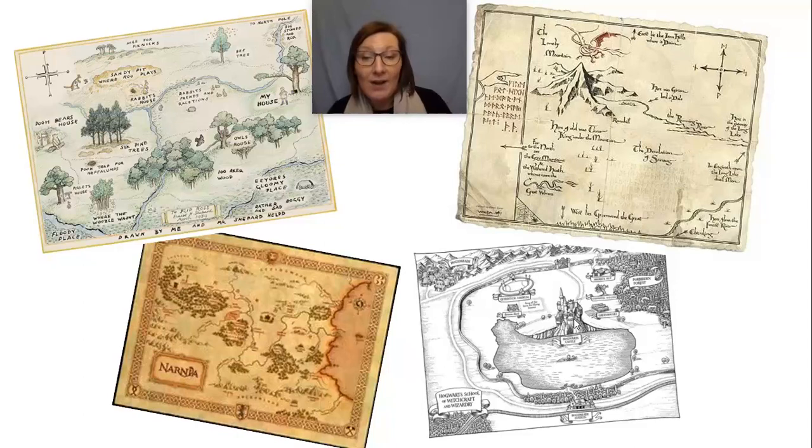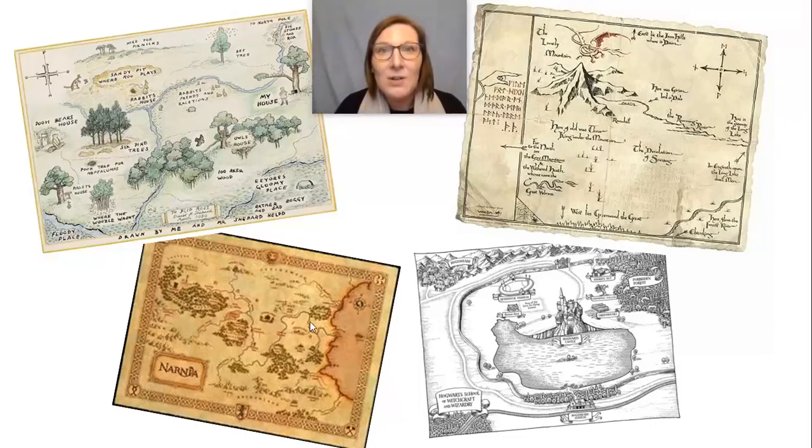Down here in Harry Potter, we've got Hogwarts, and we've got the train as well that comes along here. In Narnia, I can't really see on that one, but I can imagine we have different parts of the story and the adventures that the characters went on. And that's what you're going to do today.